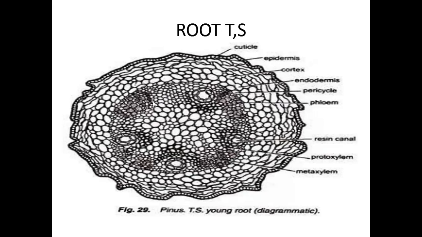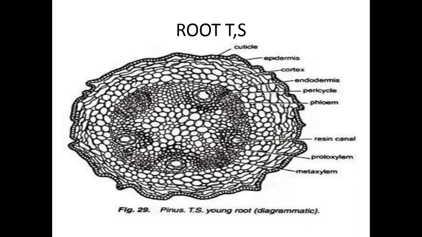Below the pericycle, vascular tissues are arranged in a radial position. The vascular tissues are called phloem and xylem. The xylem and phloem tissues are arranged in a radial position.